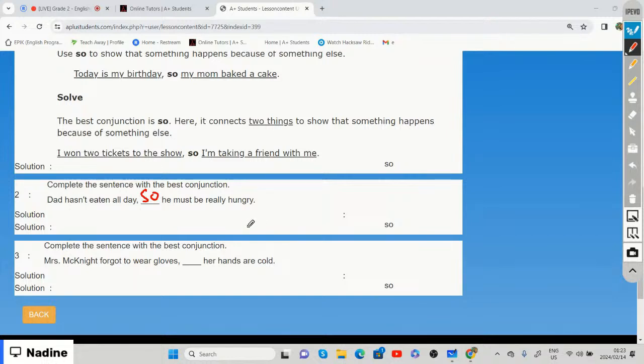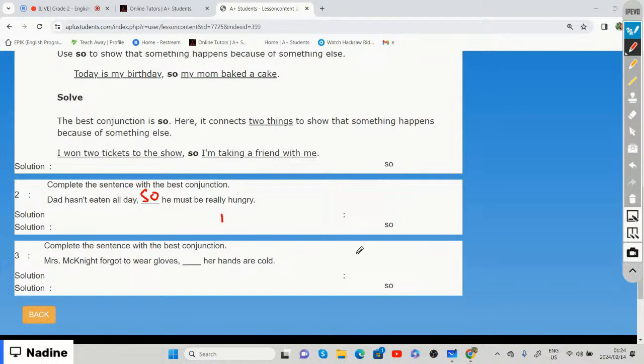And then the last one, it says, complete the sentence with the best conjunction.